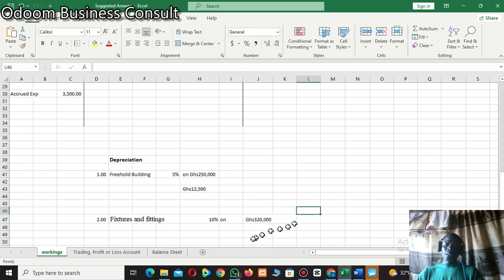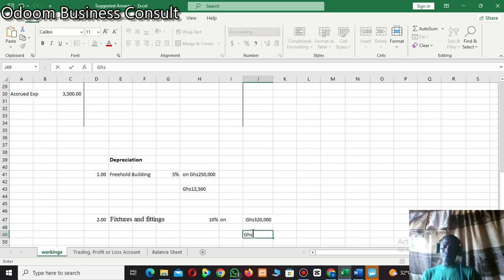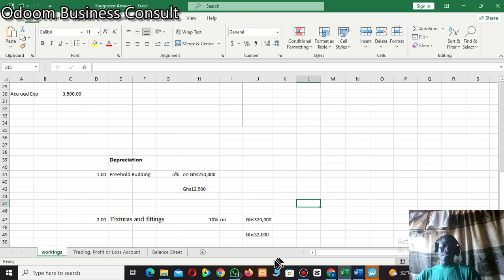So if you apply the 10% on that, what are we getting? So 10 over 100 times 320,000, we are getting 32,000 as a depreciation for that asset. So this is how we can get the depreciation for these two assets.